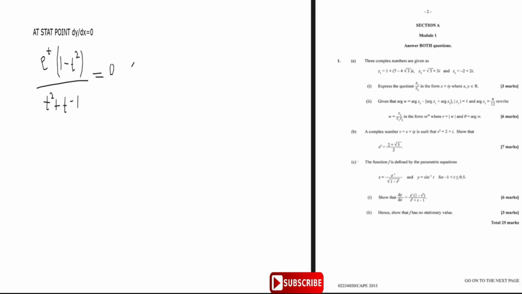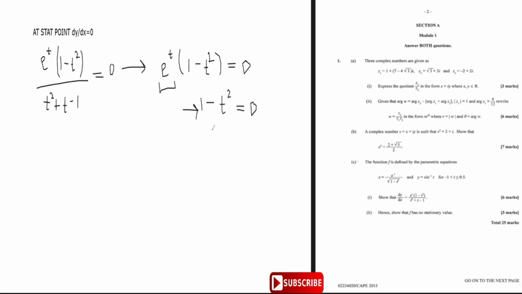Anytime a fraction is 0, the numerator must be 0. So we're really solving e to the t times 1 minus t squared equals 0. Now, e to the t can never equal 0. So that's really telling us that we're solving 1 minus t squared equals 0.